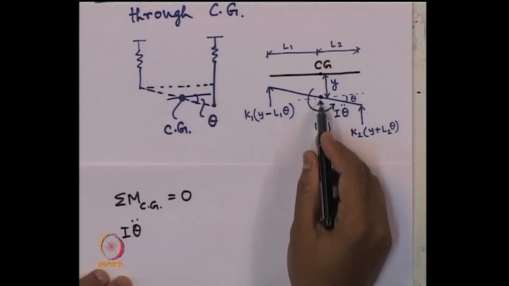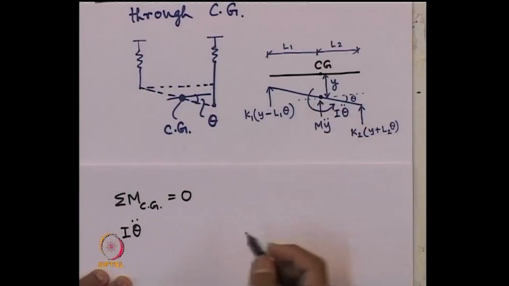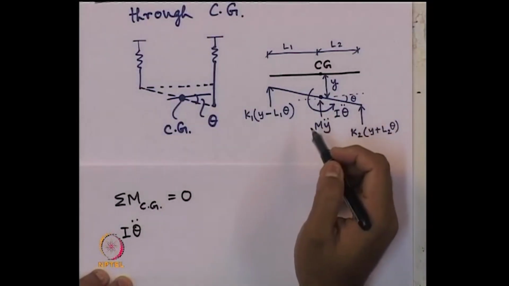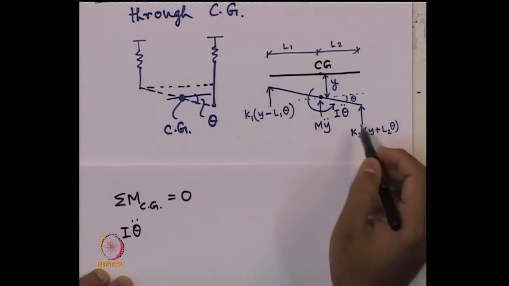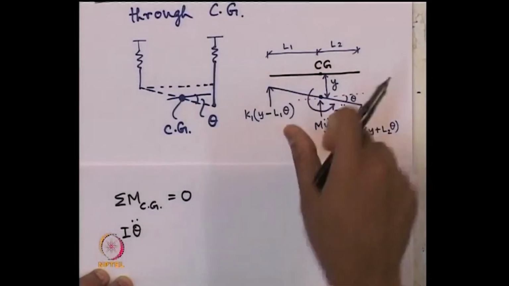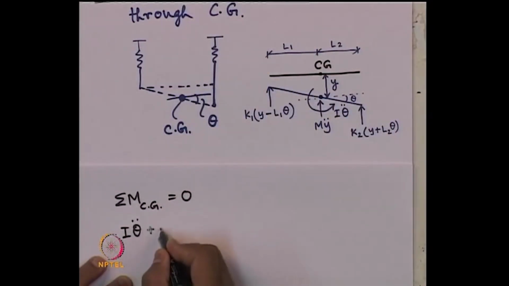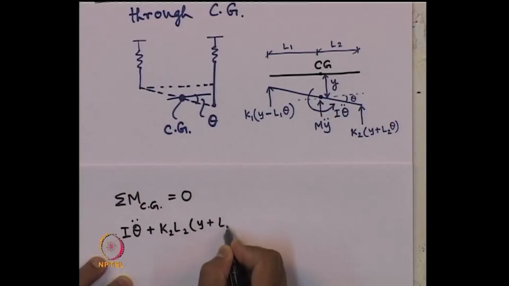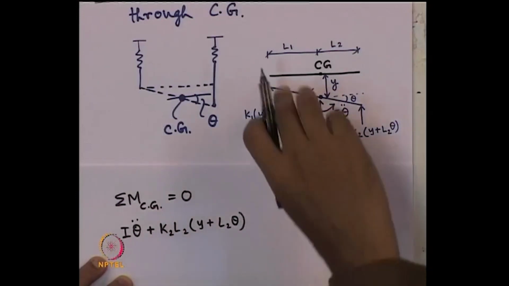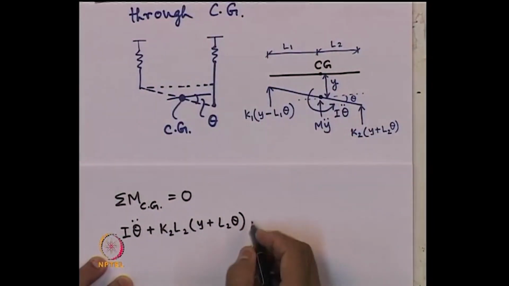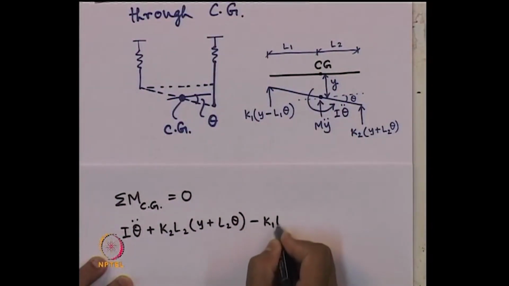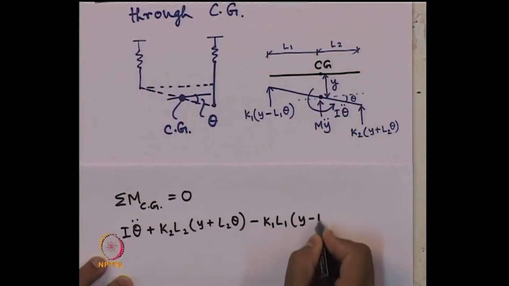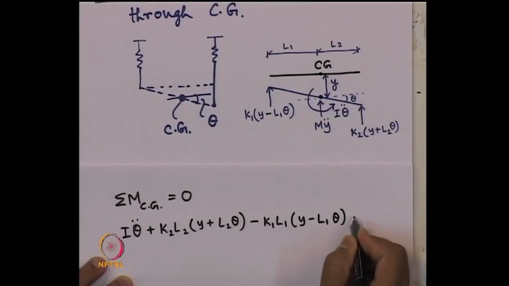This m y double dot is not creating any moment about the CG. What else is creating moment? This is also creating anti-clockwise: K2 L2 times y plus L2 theta, and this is creating clockwise moment. So, minus K1 L1 times y minus L1 theta equals 0.